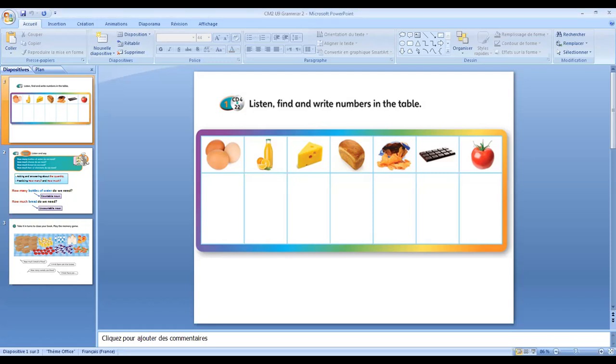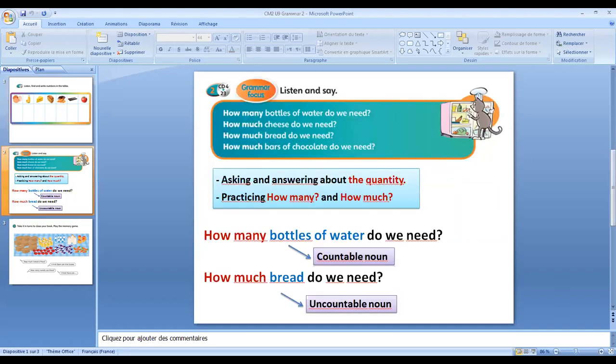Okay, so that was the audio about these pictures. So I hope that you recognize the numbers that you are going to write. Now, let's see how to use the quantity. So here in our course grammar, asking and answering about quantity, or practicing how much and how many.